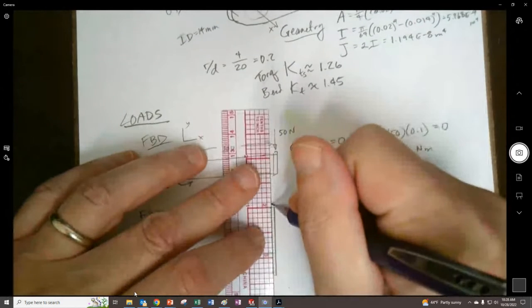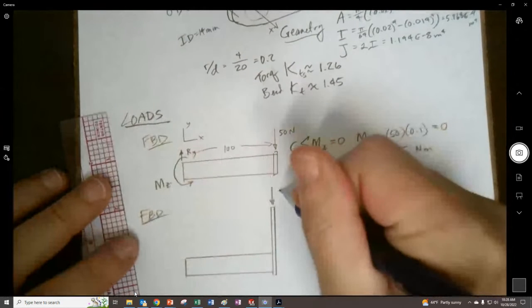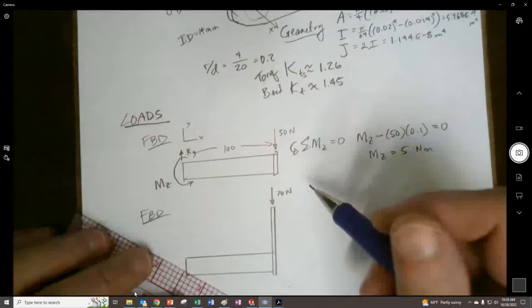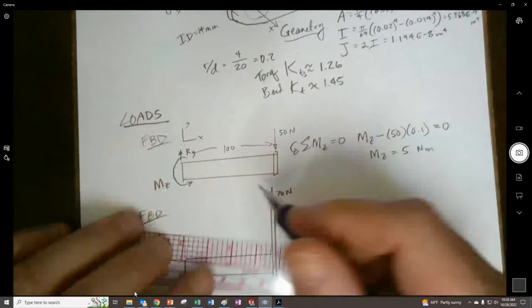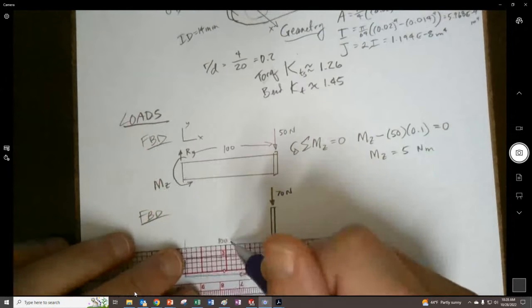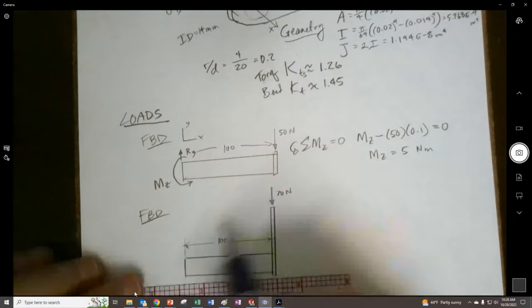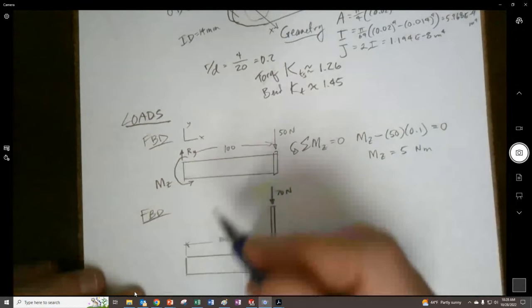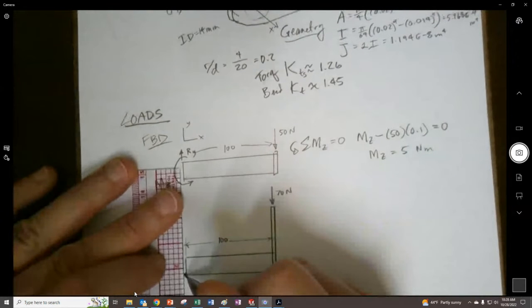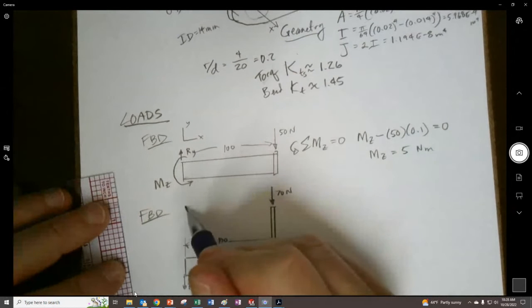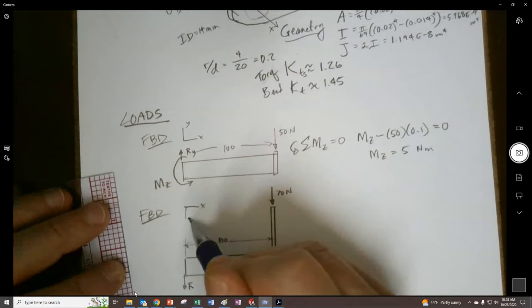And in this case, now we're going to have that 70 that's happening right there, that 70 that I just added to the problem. And still, I guess there's really only going to be one moment. I know I didn't really overly complicate this by adding in that other 70, but we can see that we're going to have a reaction force in the z direction, which I didn't draw my axis on there. There you go.